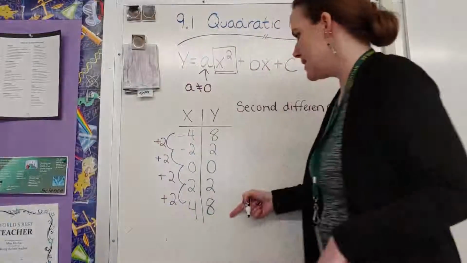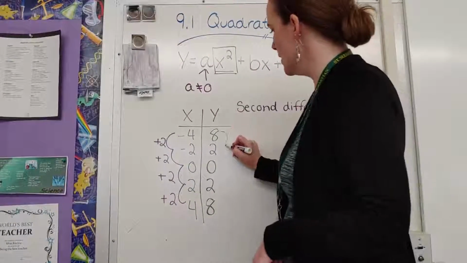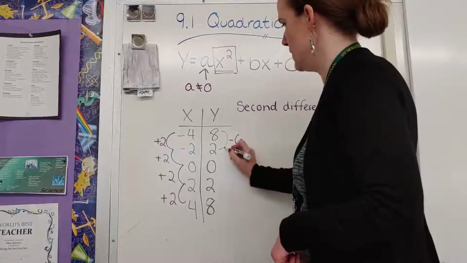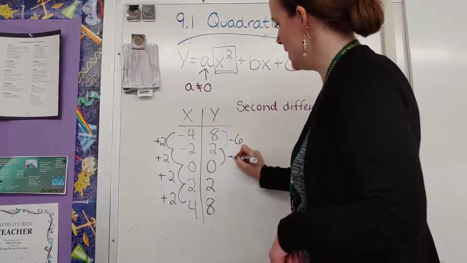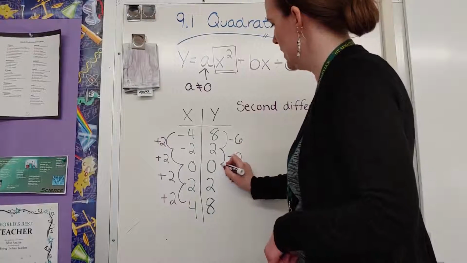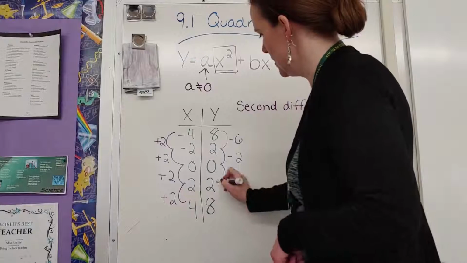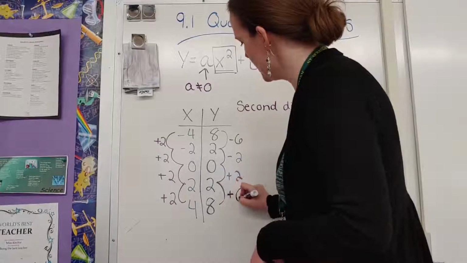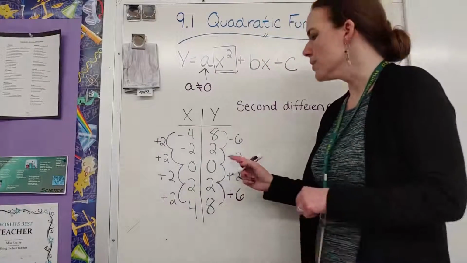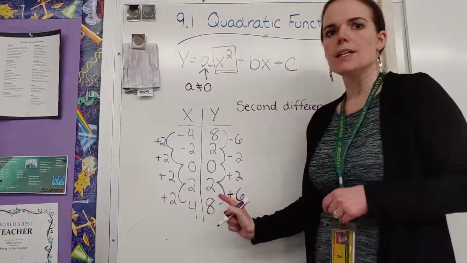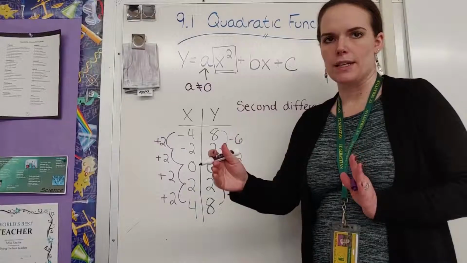With your y's, from here to here, this is a -6. This is a -2. This is a +2. This is a +6. So you'll notice that this is our first difference, and the first difference isn't constant.